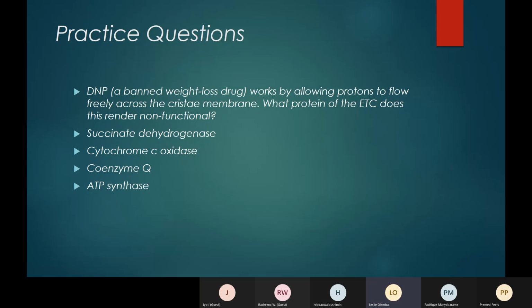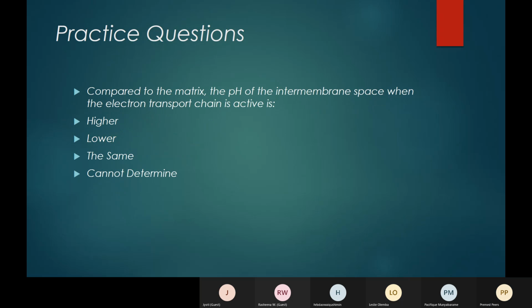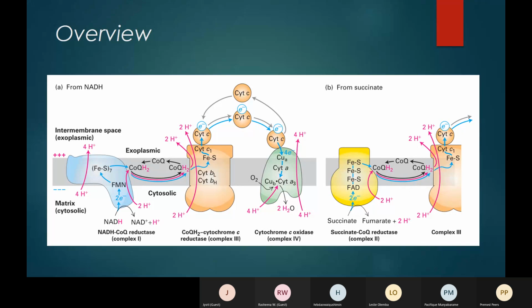Yeah, can we see the proteins? Those are the complexes that has 3 out of the 4 proteins. Can I go back now? Or do you want to stay here? No, you can go back.